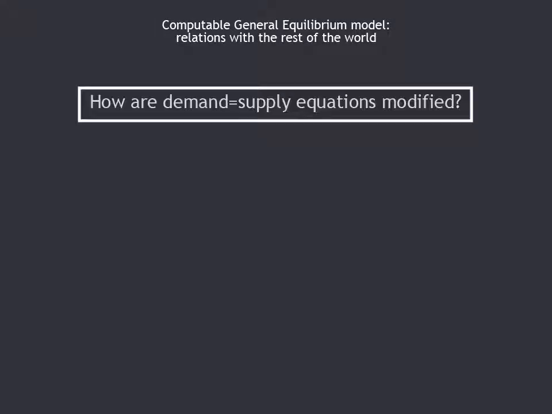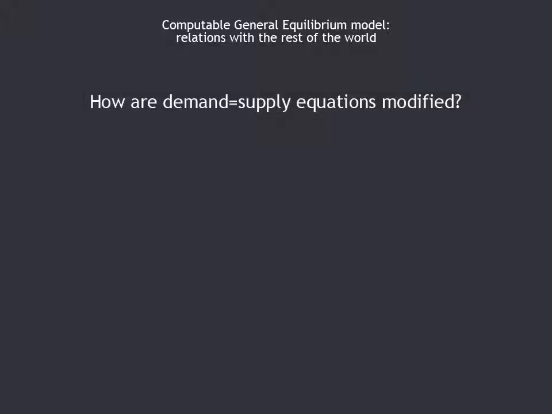The problem is to understand how the goods market equilibrium equations are modified. That is to say, the demand equal to supply equations are modified by the introduction of either exports or imports. So this is very simple.